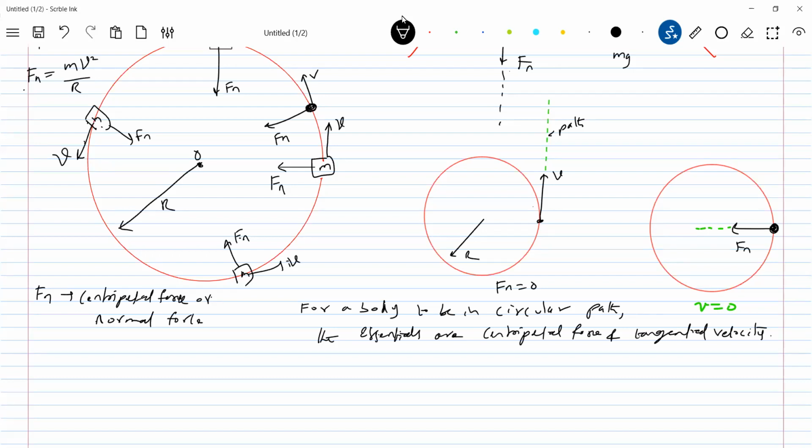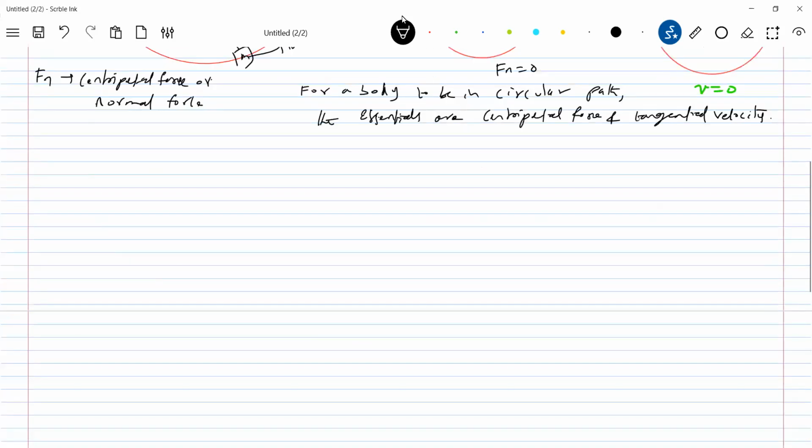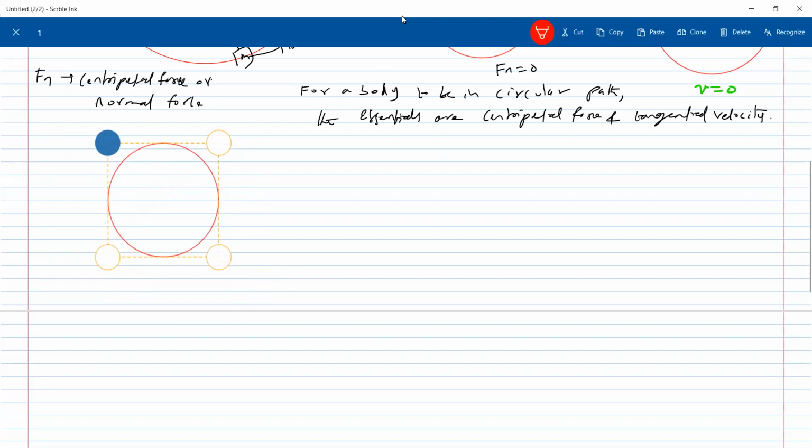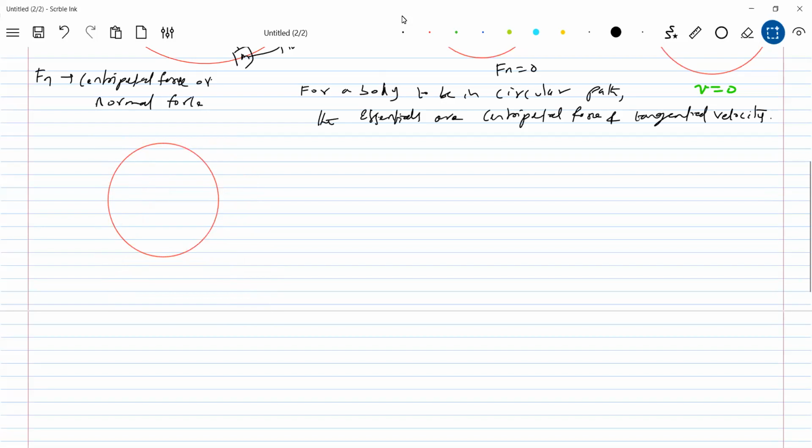We have brought it. Sir, what about tangential? If tangential acceleration also comes, tangential force also will come. Why are you not taking that one? So let's analyze that also. What are the forces that will be acting on the body?